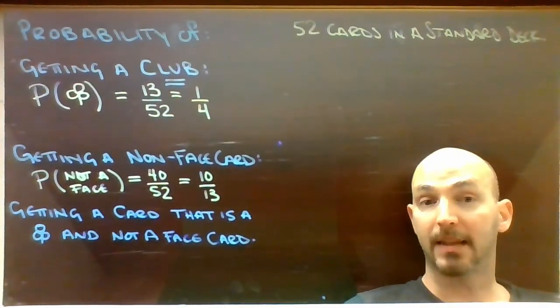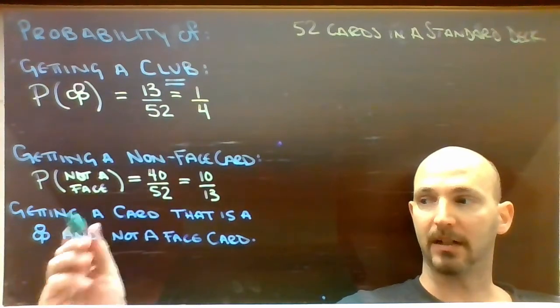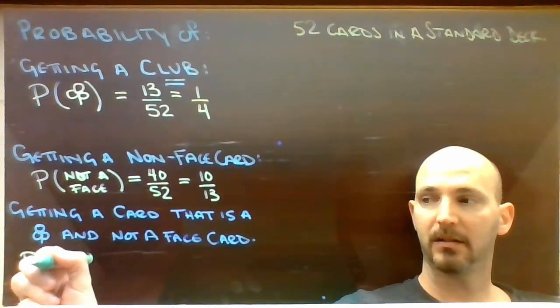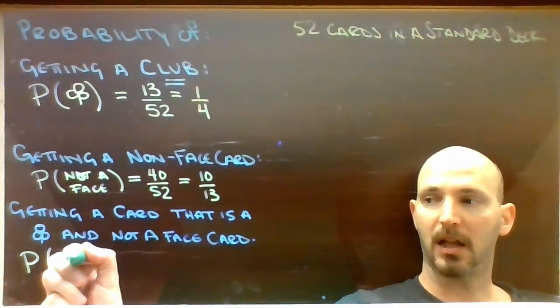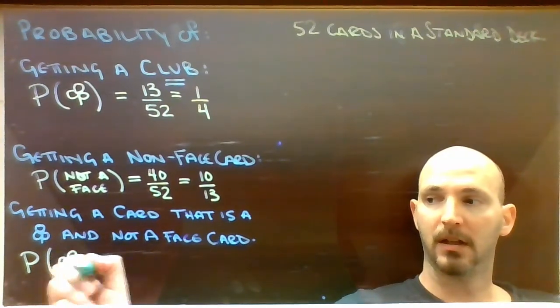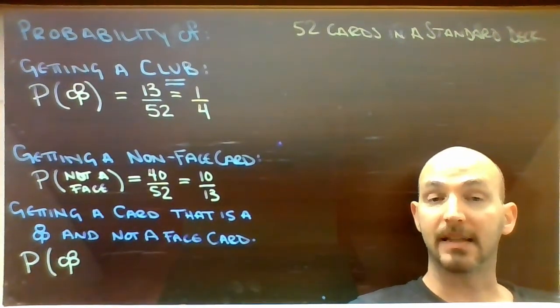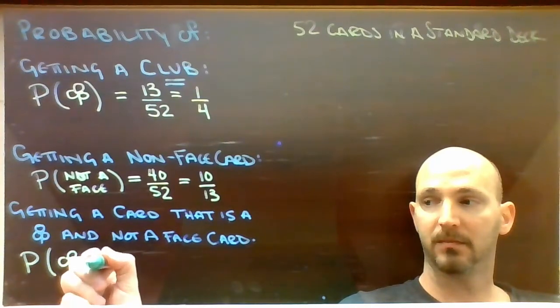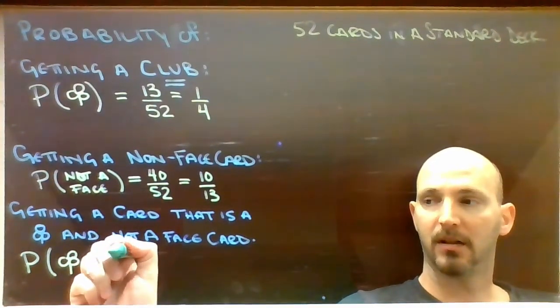So if I were to write that in my notation here, that would be the probability of a club. The word for and is the intersection symbol. And not a face.